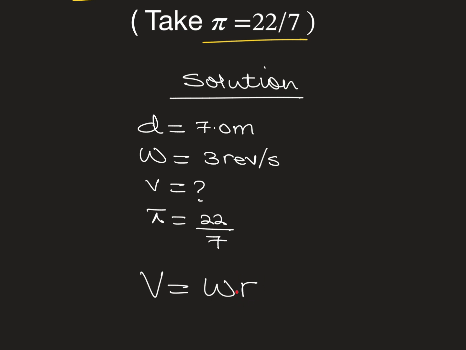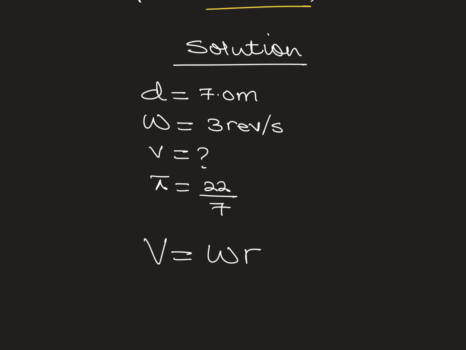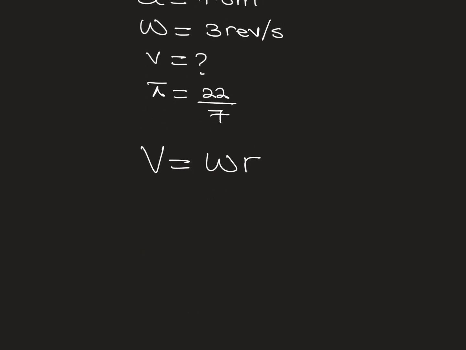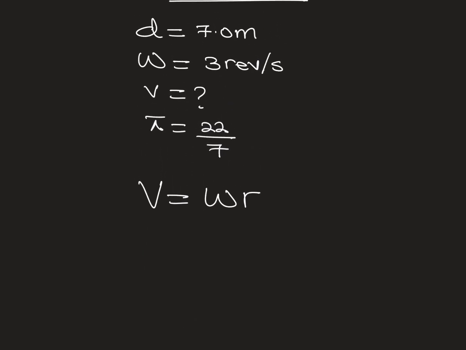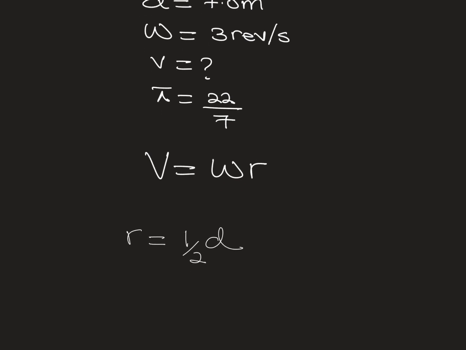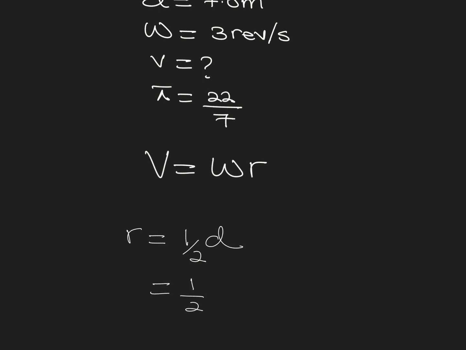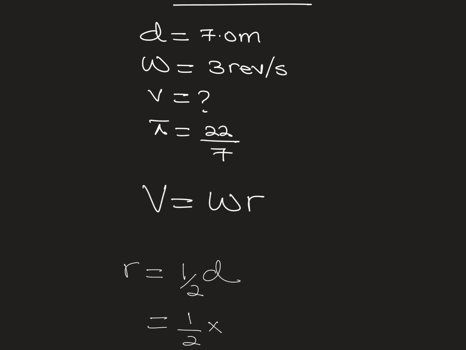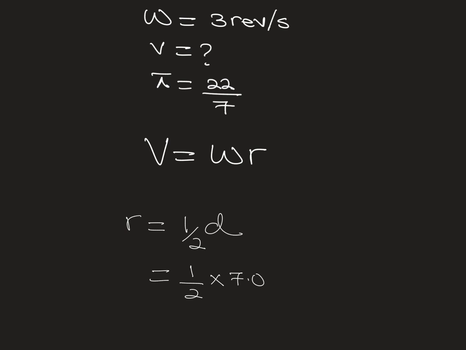And we have to find the radius from the diameter. To find the radius, we know that radius is equal to half the diameter. So that is going to be 1/2 times the diameter, which is 7.0.